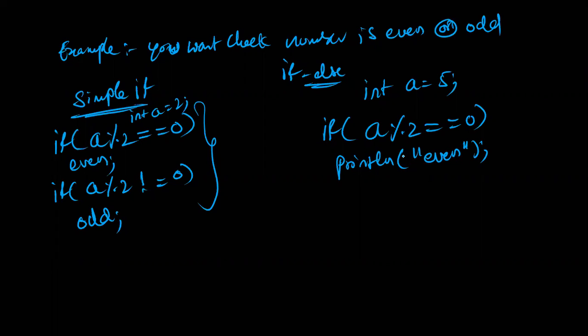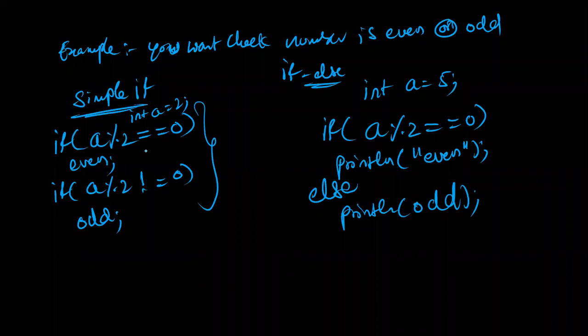If the number is not even, that is, if this is false, we have another statement. Else, when it is false, the number is not even, then the number is odd. There are only two cases. If the number is not even, definitely the number is odd. So here I am writing println odd.